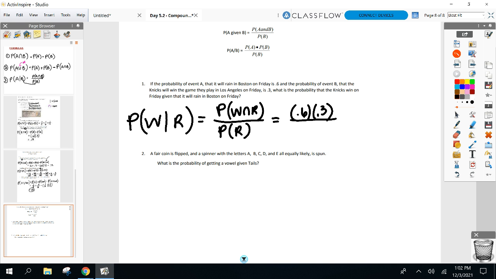Over, what's the probability of rain? 0.6. So if we already knew it rained, what are the chances of the Knicks winning? 30%.